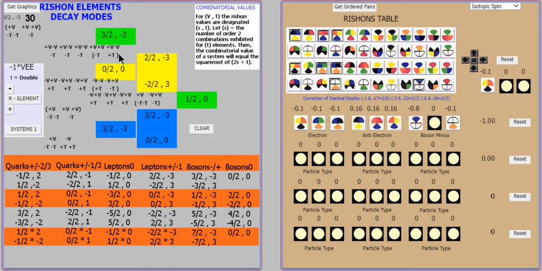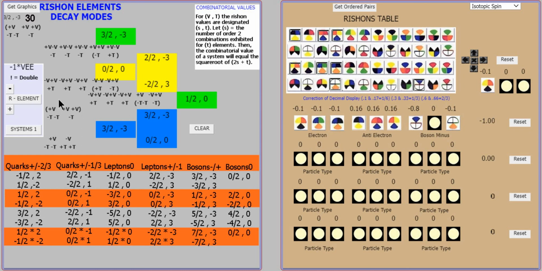an electron. As we'll see, we'll take this self-relating anti-rishon and it will exchange with one of these alter-relating rishons.